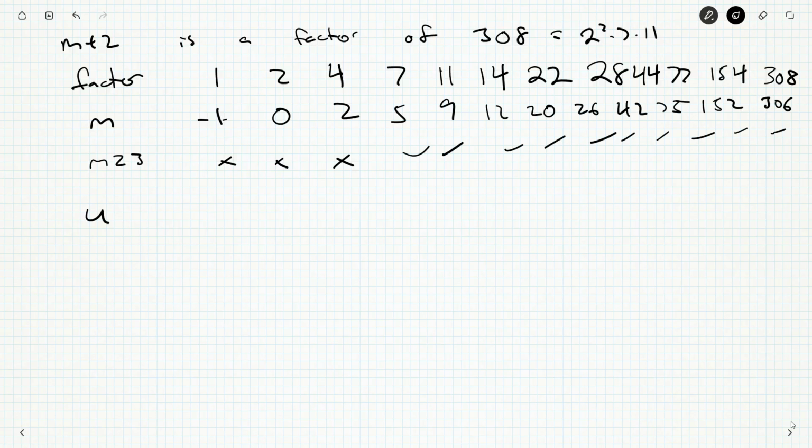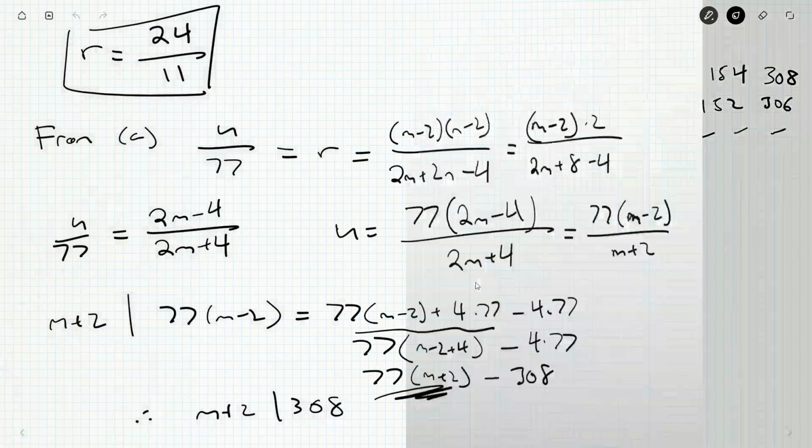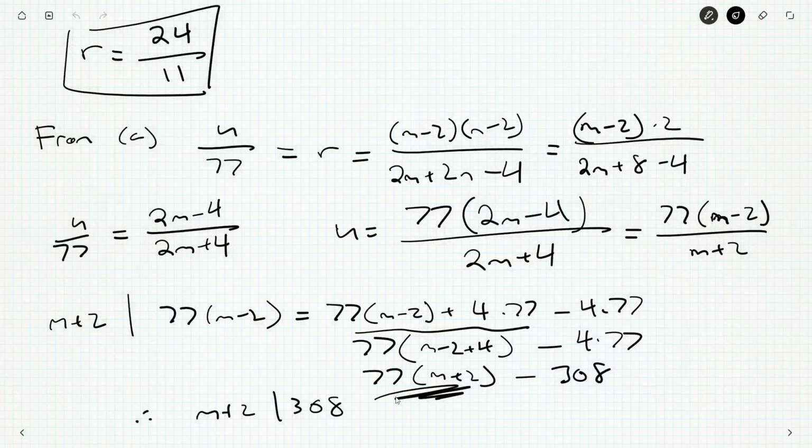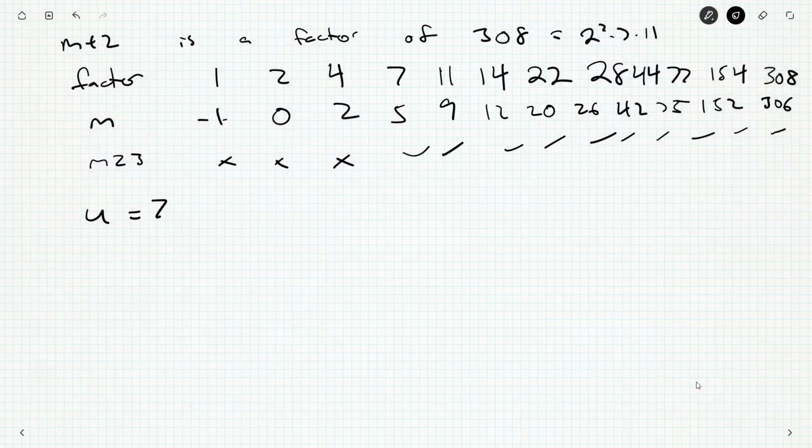And what is the u that we get? Right, u, we need to remember, is this expression divided by m plus 2. So that'll be 77 minus 308 over m plus 2. So that'll be 77 plus 308 over 7, which is 44.